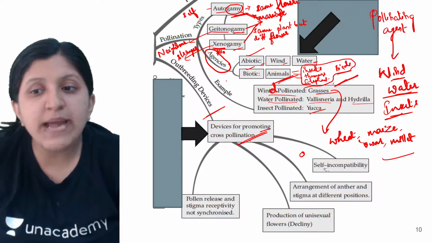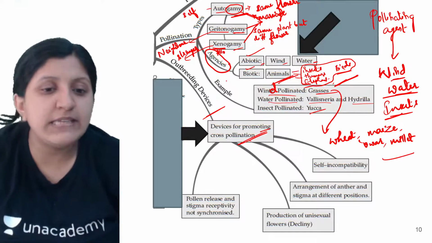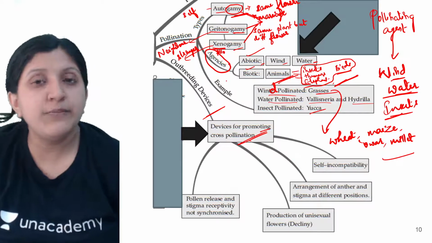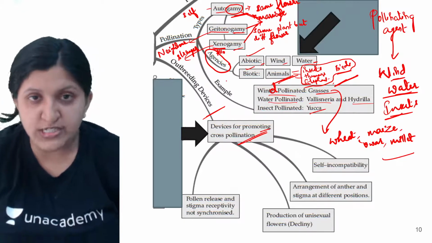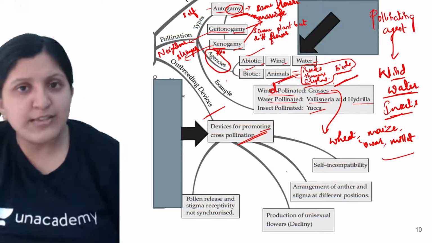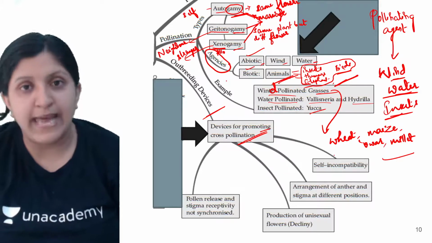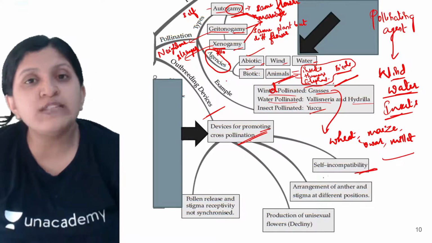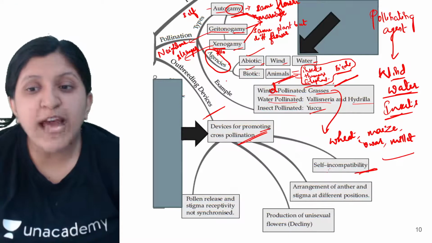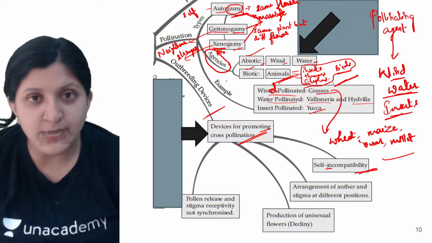Self incompatibility is basically that the pollen grain belonging to the same species, yes, it has to be the same species, but the same plant. So the pollen grain belonging to the same plant is not allowed to germinate. That we call incompatibility.